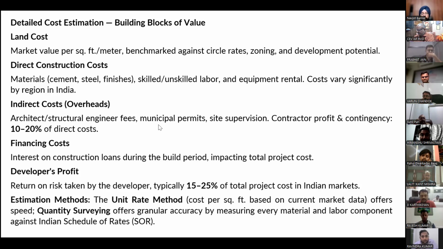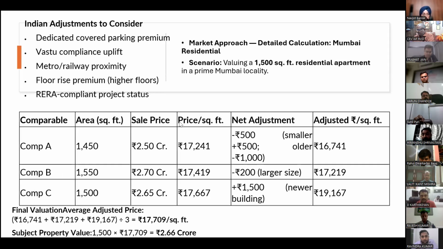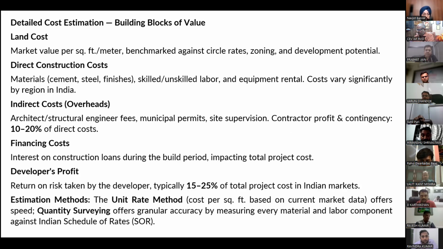Then you calculate indirect costs, overhead costs such as architect and structural engineer fees, municipal permits, site supervision and other things. Then you may add financing cost and developer's profit. Here you have to apply the detailed cost estimation process.